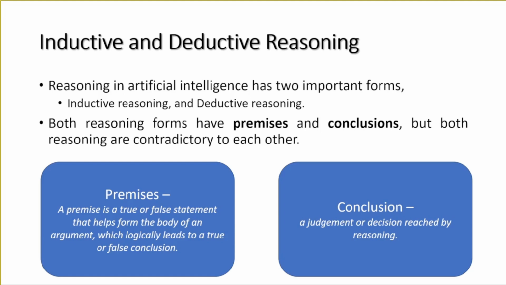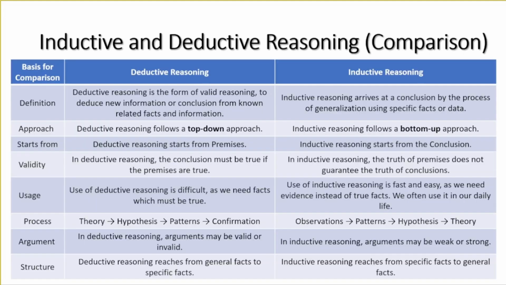Okay. So we will talk about that for a second. Okay, so in order to compare them from a wide perspective, the definition: deductive is a form of valid reasoning, while inductive is general. Okay, so that is the difference between the two. Facts and general.